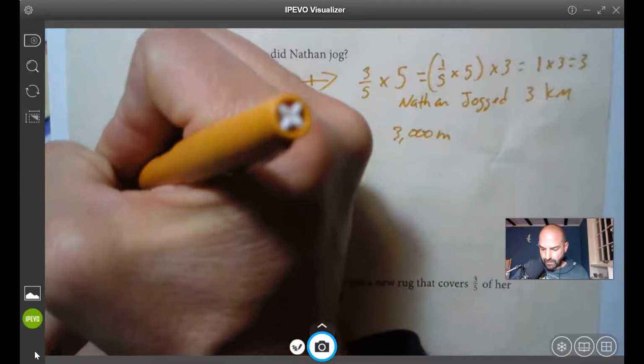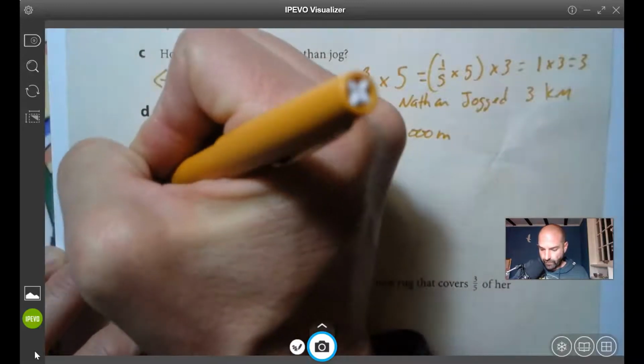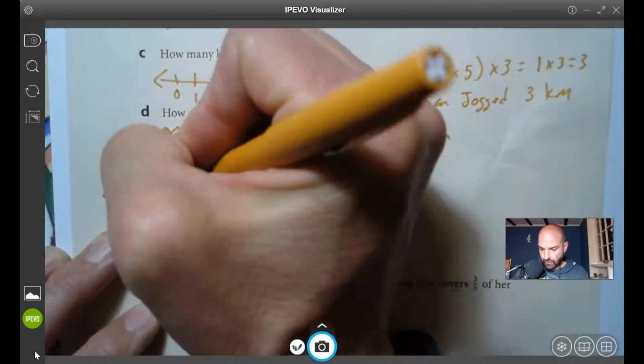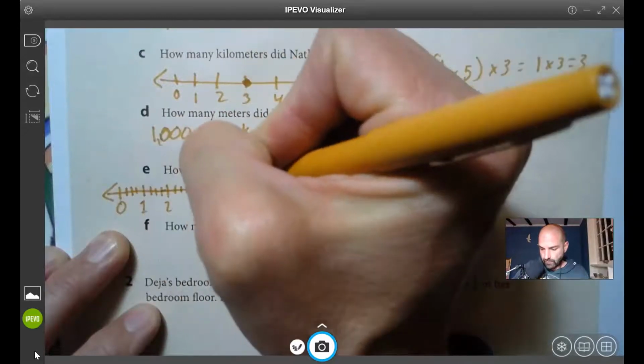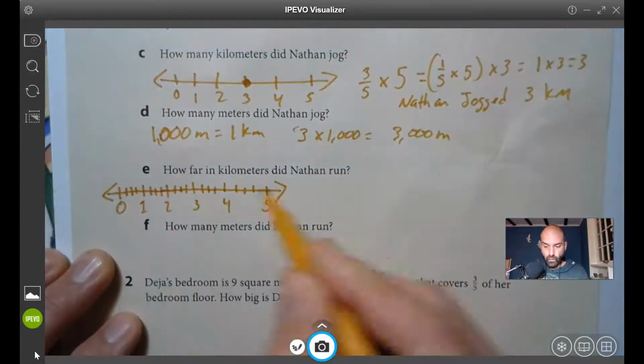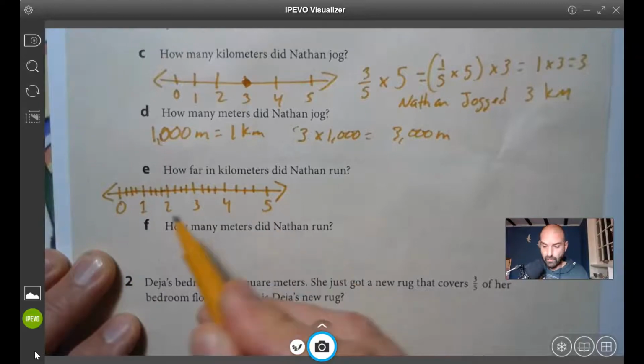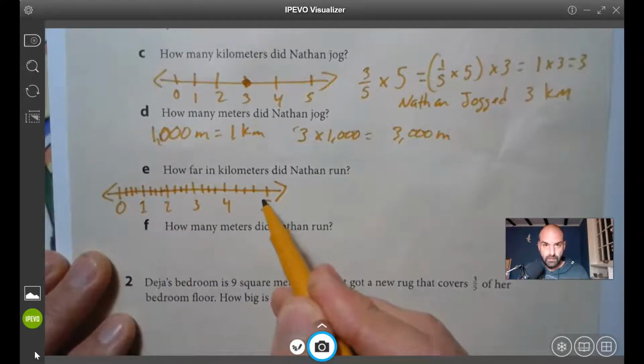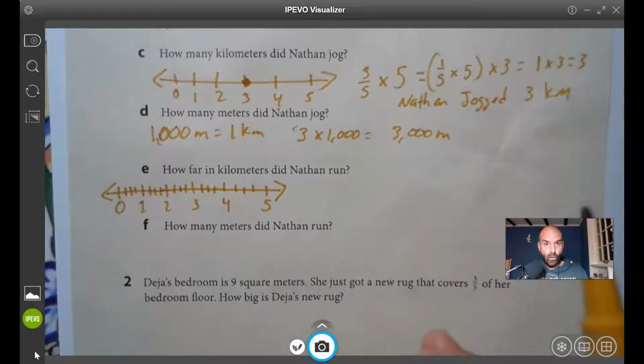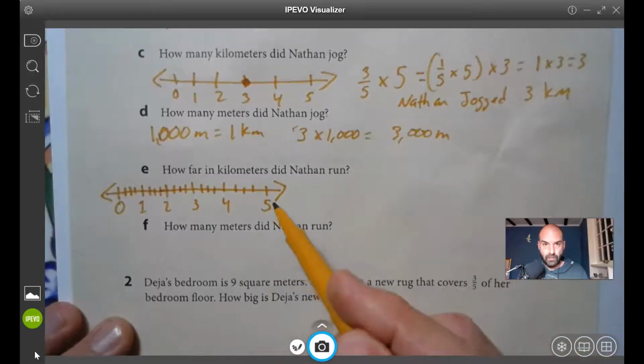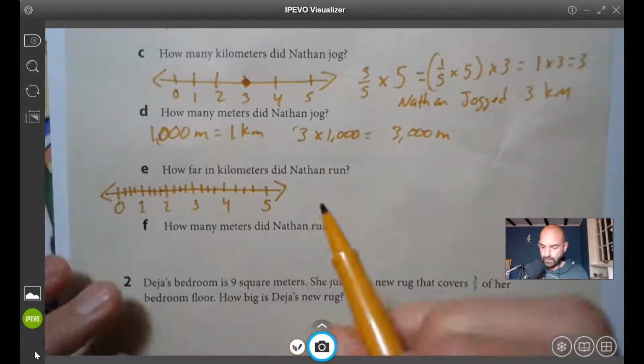So that means if I split all of this into fourths, I now have 20 20ths in my whole race. So 20 20ths, my whole race is 5 kilometers. So that's my whole race.